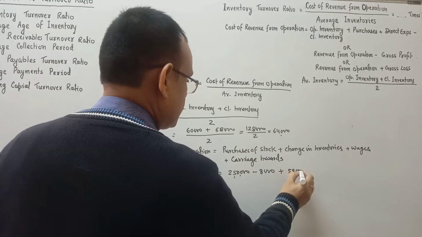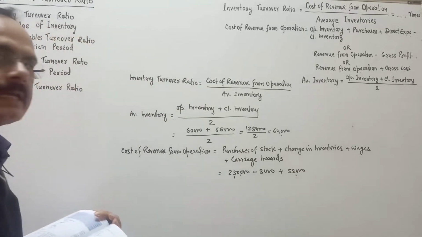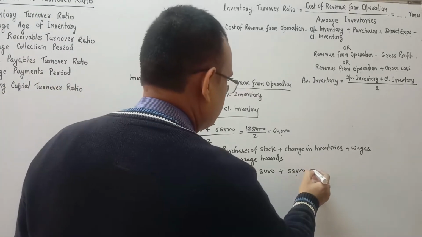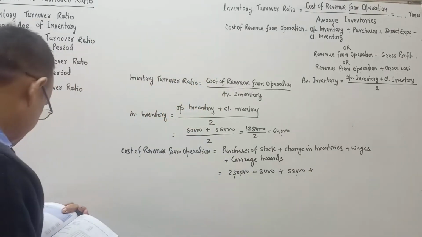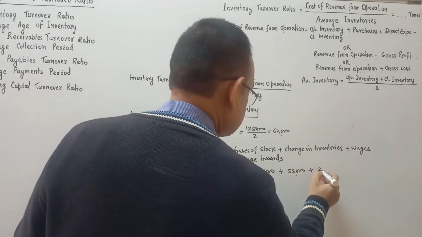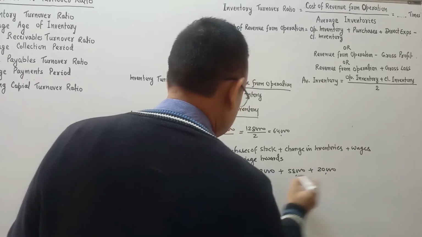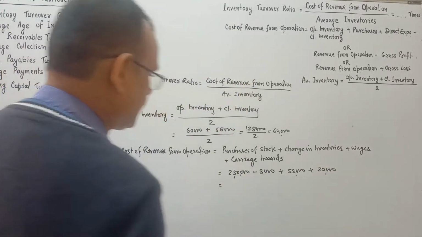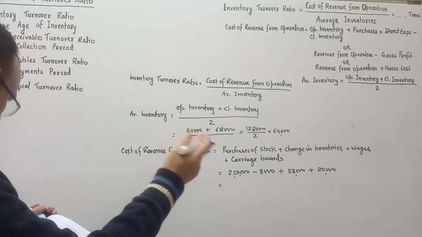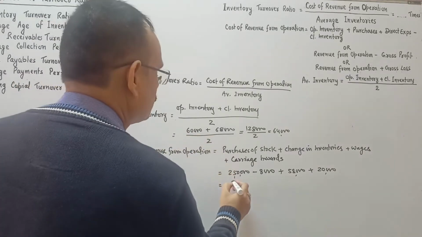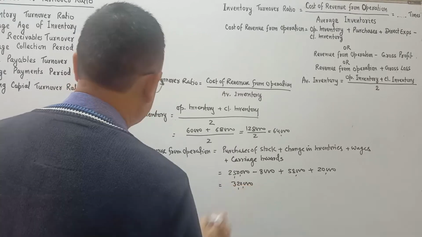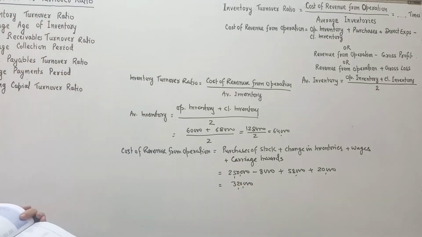Salary I am not going to take because salary is indirect expense. Plus carriage inward, which is a direct expense, is 20,000. You add it. So 2,50,000 minus 8 plus 58 plus 20, so it is 3,20,000. 3,20,000 is the cost of revenue from operation.